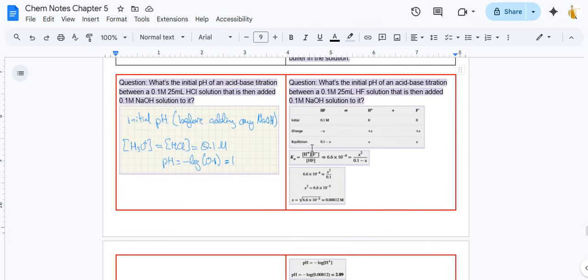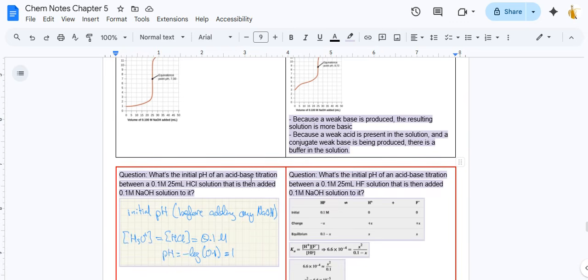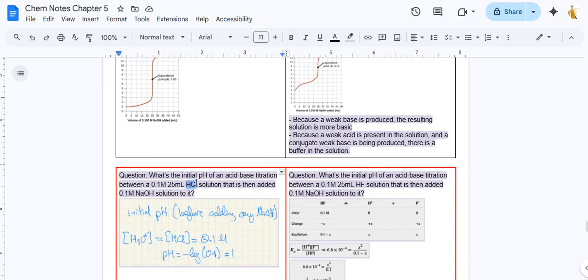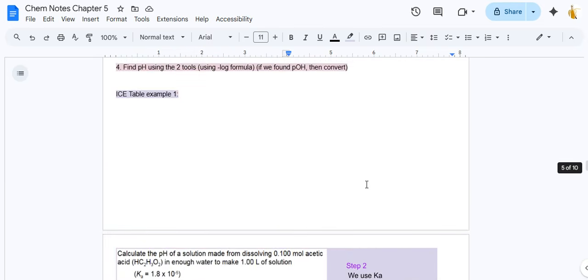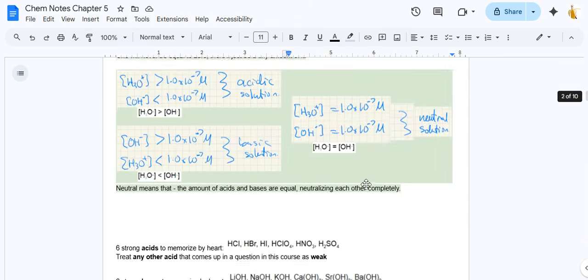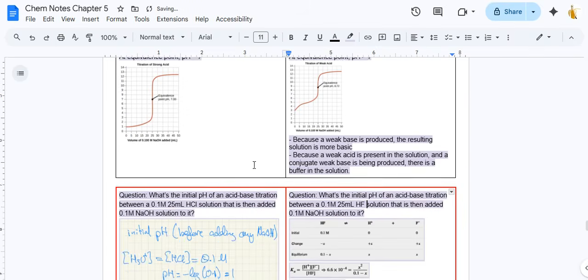And I guess one last thing about this: how do you know if it's a strong acid with a strong base or a weak acid with a strong base? Again, look at the acid. Is it a strong acid or is it a weak acid? And then how do you know that? From the list we had a while ago. So HCl is a strong acid and HF isn't here, so it's a weak acid.